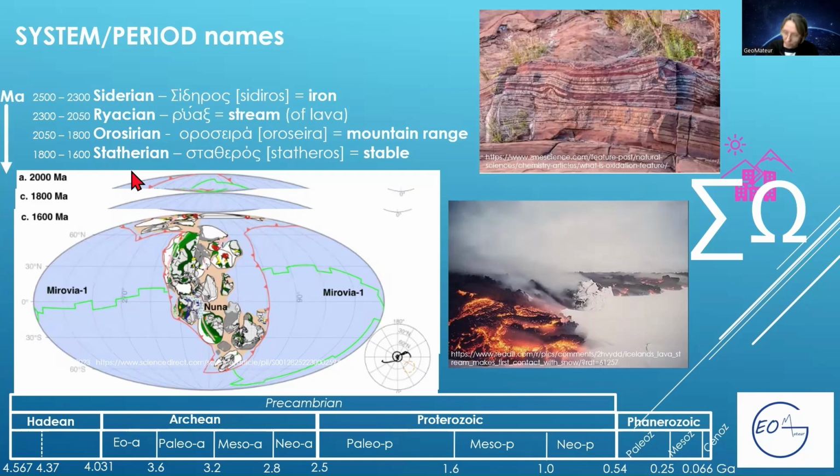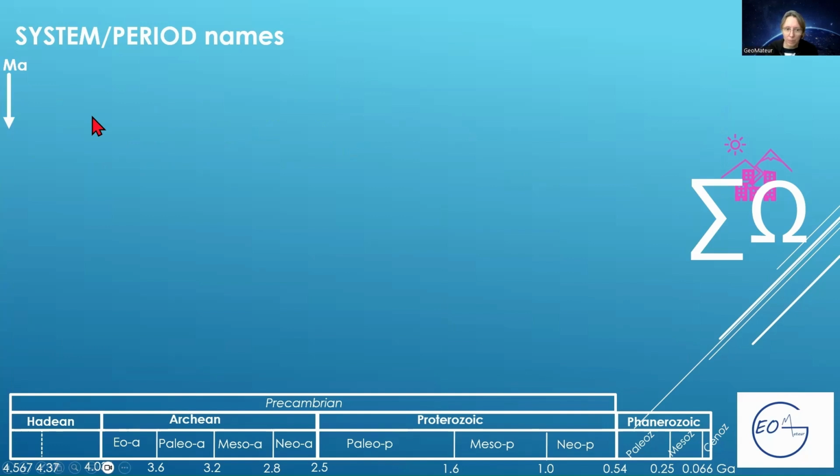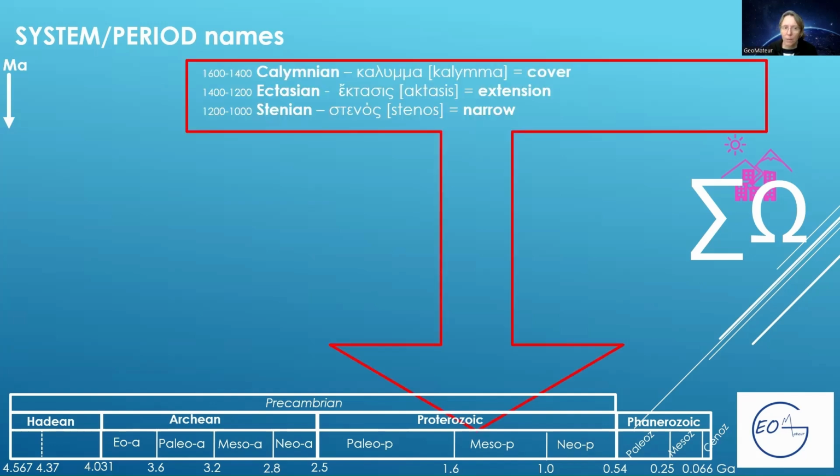Going further to Mesoproterozoic and analyzing names of systems or periods, we have Calymmian, Ectasian, and Stenian.